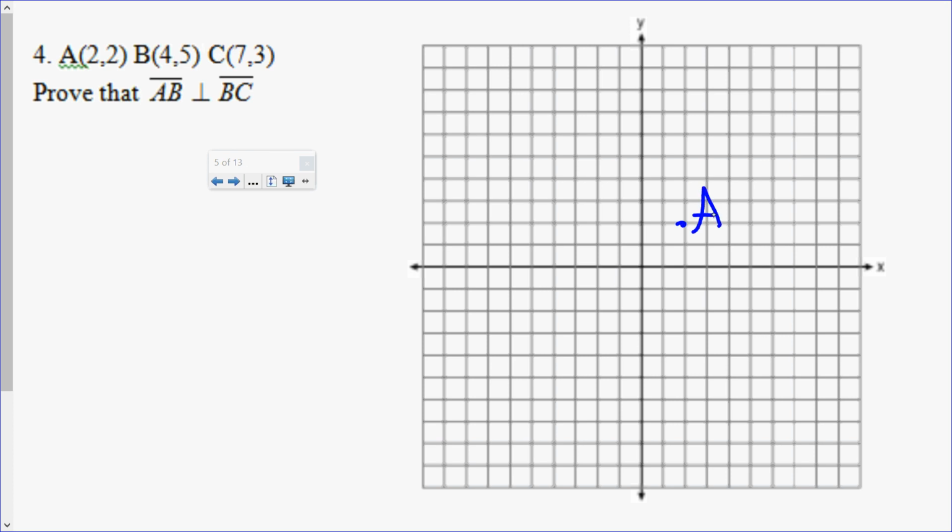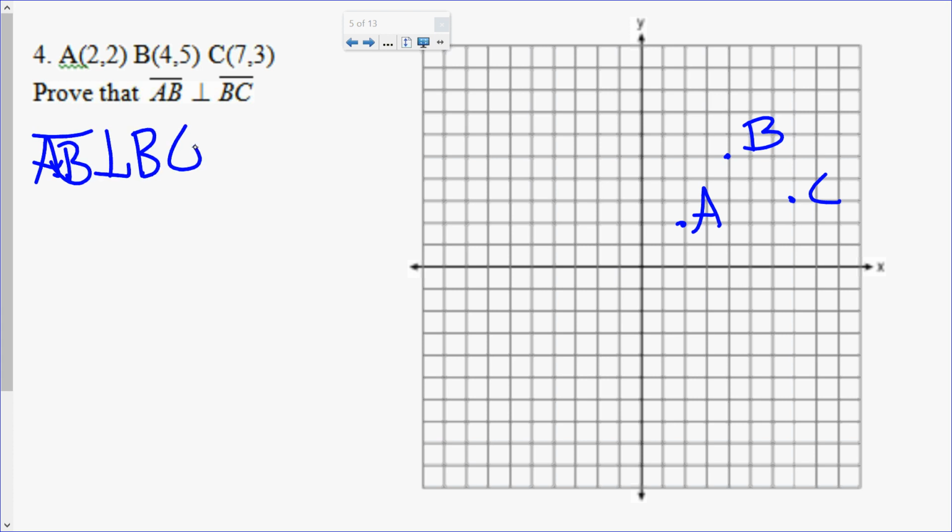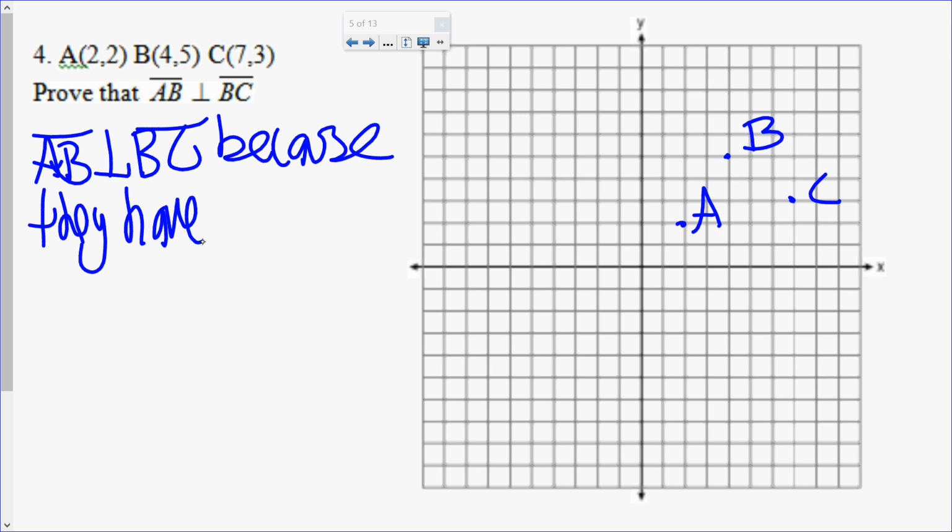A is (2, 2), B is (4, 5), C is (7, 3). AB is perpendicular to BC because perpendicular lines have negative reciprocal slopes. Hard for me to go so deep on that.